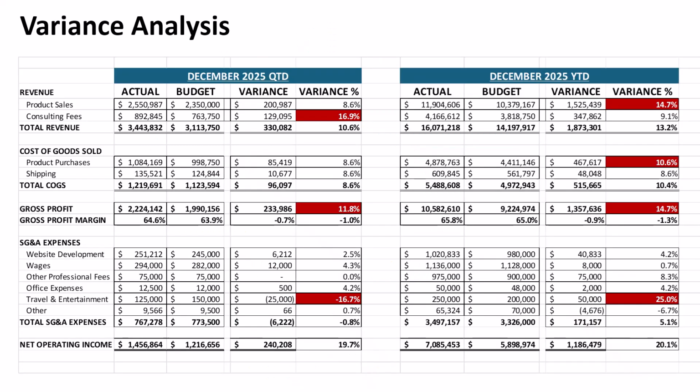Many accountants prepare a variance analysis worksheet before finalizing the financial statements. Here's an example of a variance analysis worksheet the accountant might prepare to review variances for quarter-to-date and year-to-date actuals versus the budget. Typically, the accountant would also add variance explanations for any variance above a certain threshold.